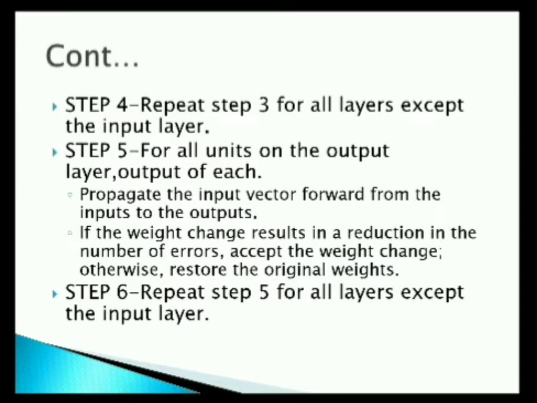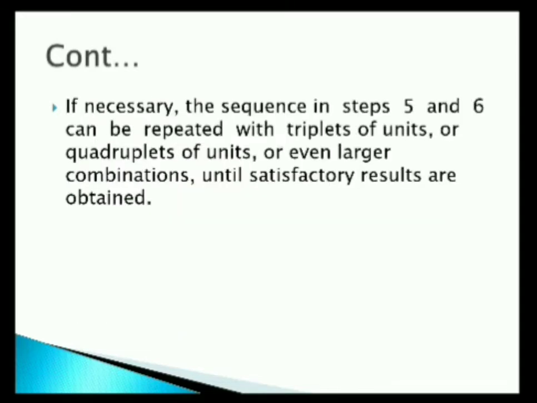The fifth step is, for all the units on the output layer, when the output of each unit changes, propagate the input vector forward from the inputs to the outputs. If the weight change results in a reduction in the number of errors, accept the weight change, otherwise restore the original weight. And the sixth step is to repeat step 5 for all the layers except the input layer.